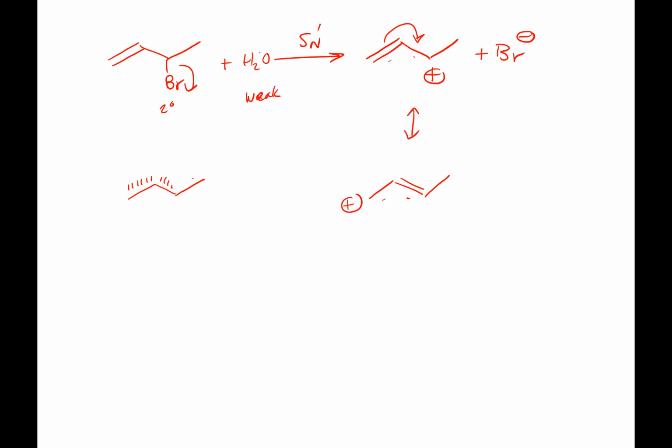So we average charges first. Now let's average, we can do bonds first. Now charges. Now in these systems, everywhere there's a positive charge in the resonance structure, there's going to be a delta positive in the hybrid. So I can just basically say delta positive here and a delta positive here.